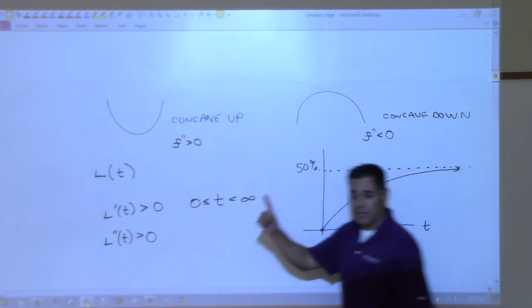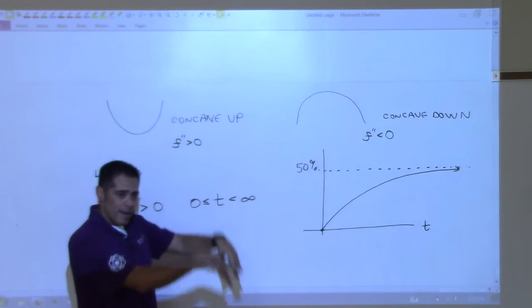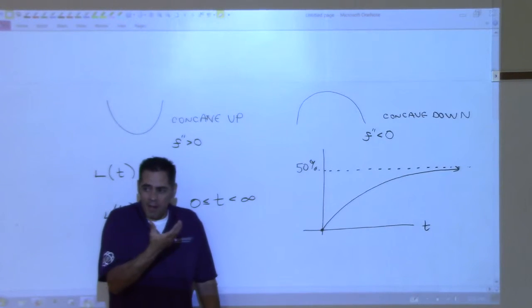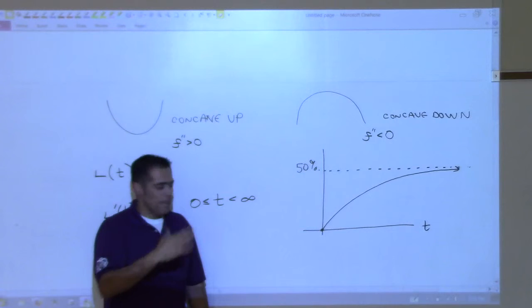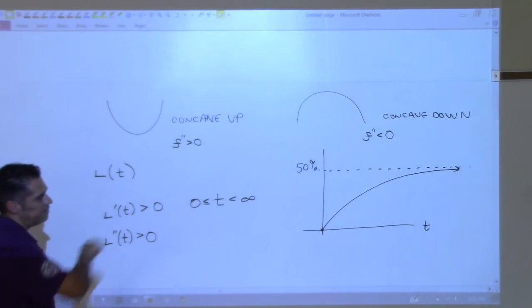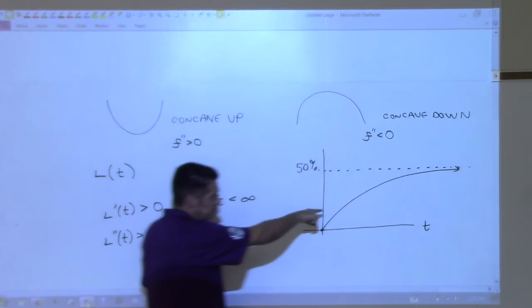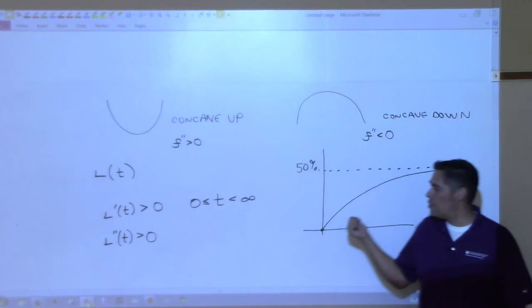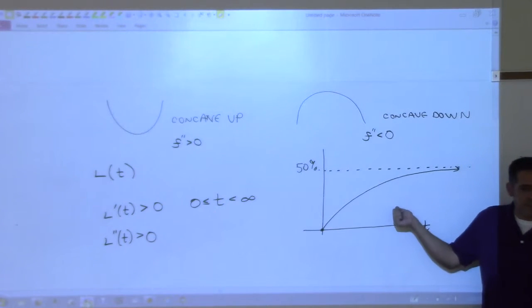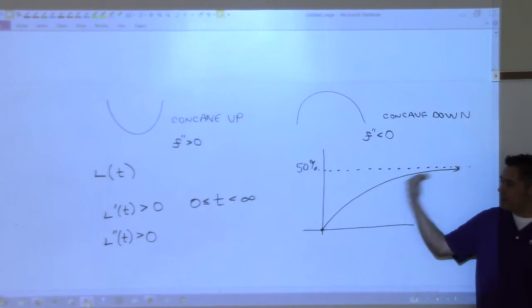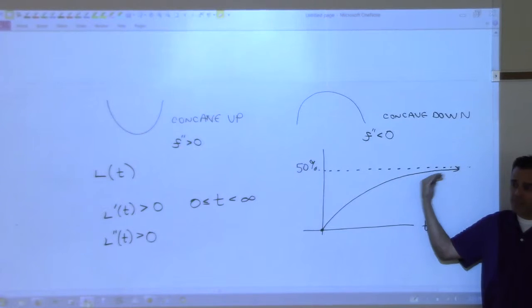So first derivative tells you up or down. Second derivative tells you concave up or concave down. So look at that graph over there. The first derivative is always positive, right? But the second derivative is what? Negative, right? So concave down. That's how you get this asymptotic feature.